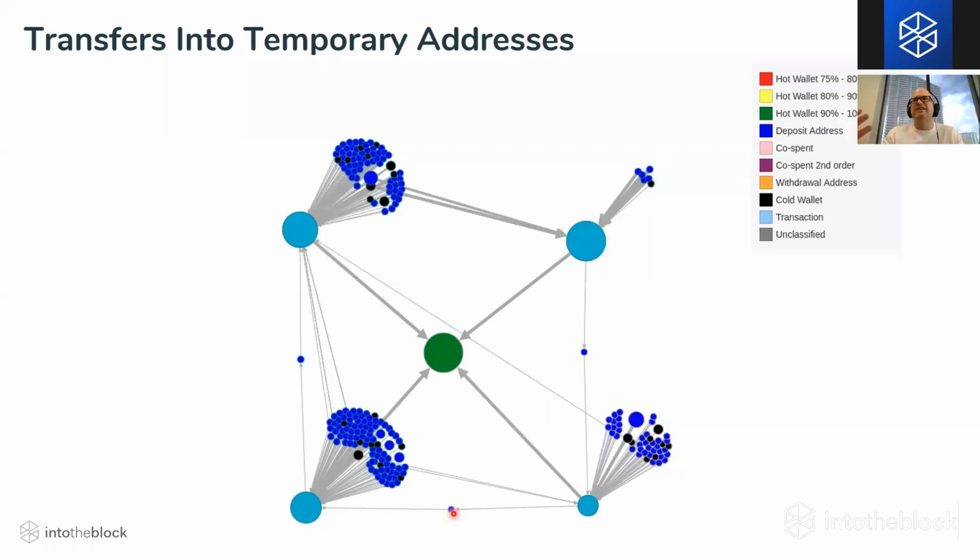That's a pattern that is very common in exchanges like Binance. If you're a trader looking at, for instance, accumulation in deposit addresses, you can probably look at those temporary addresses because that's signaling a big transfer into the exchange, which could be the precursor to a big position in a given asset.